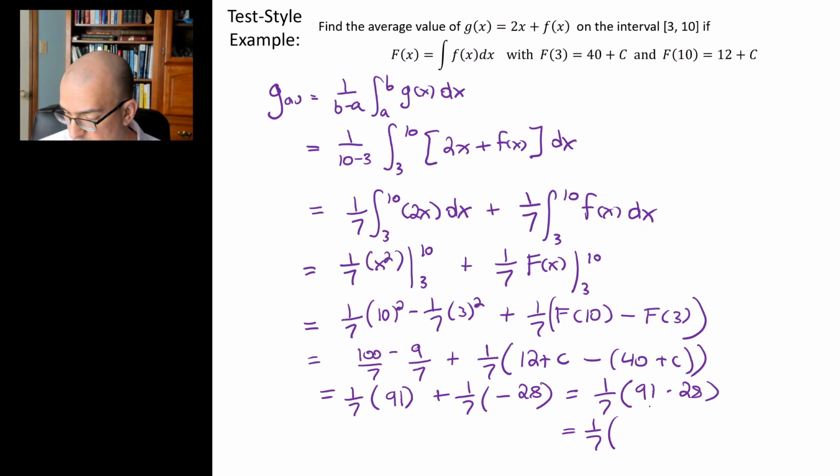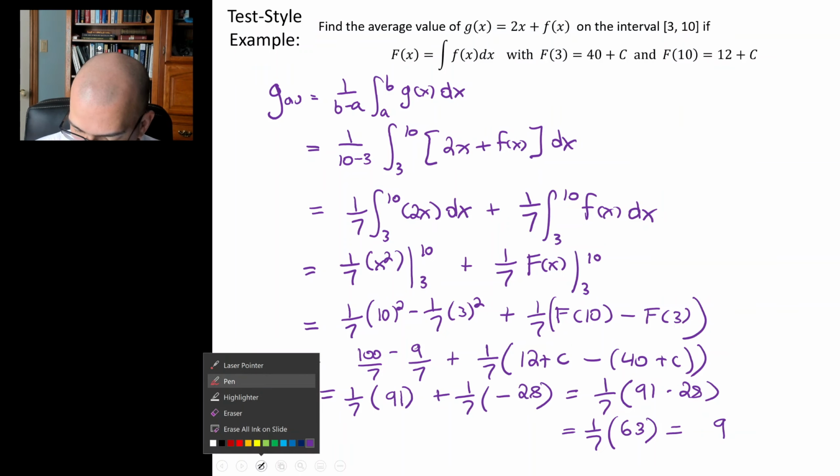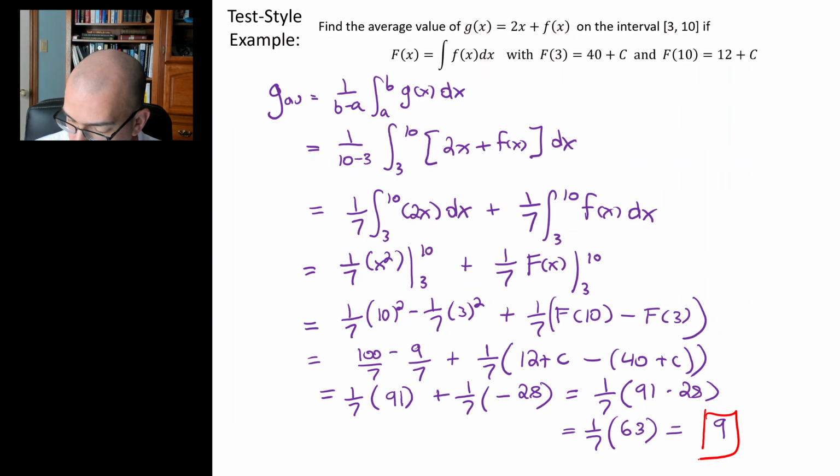So 83 minus 20, 63. 63 over 7 is 9. So that's the average value of the function g of x from x equals 3 to x is equal to 10.